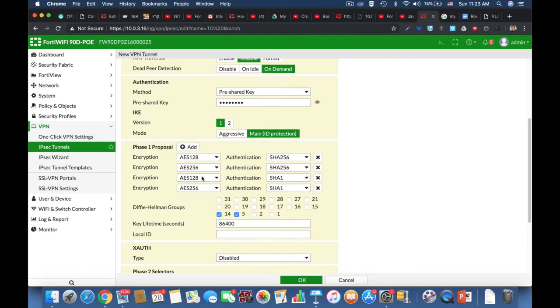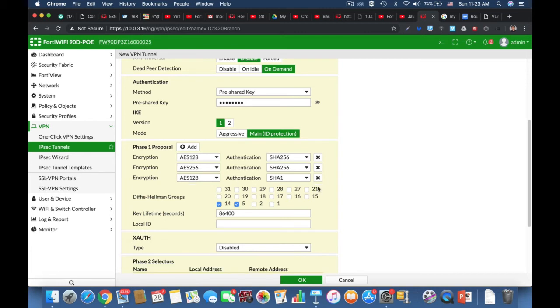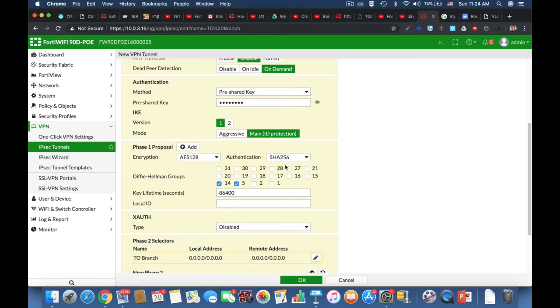Now these are the encryption algorithms and the hash functions that are used. We can keep them as they are. We can eliminate some of them. Let's use AES 192 and SHA-1.